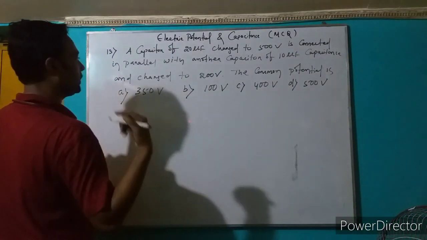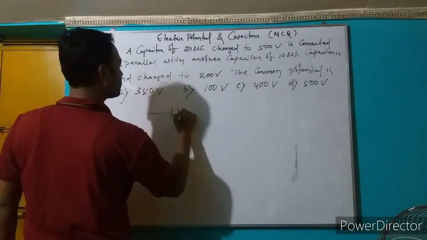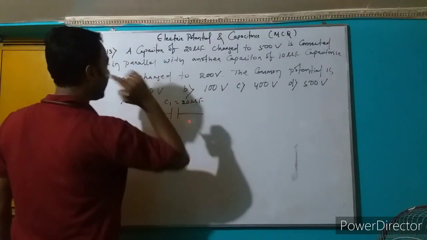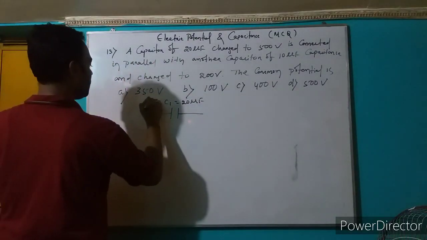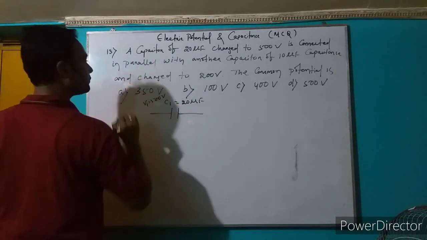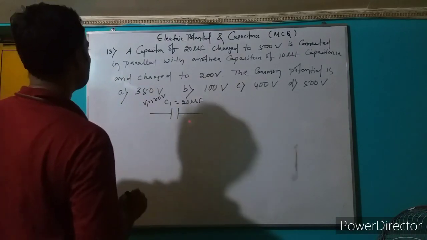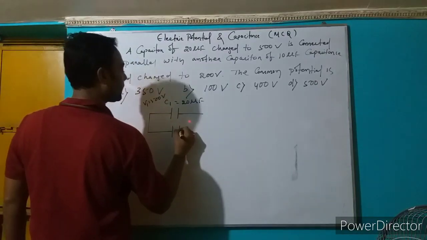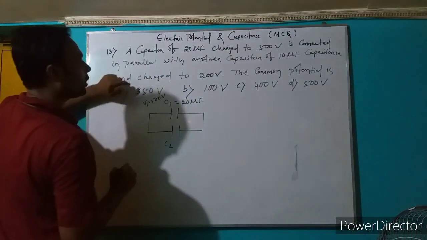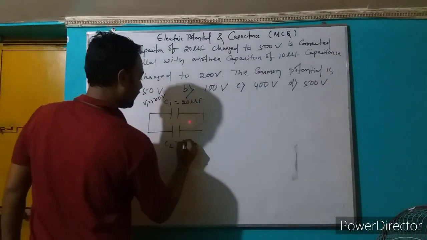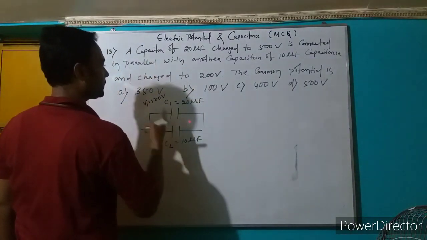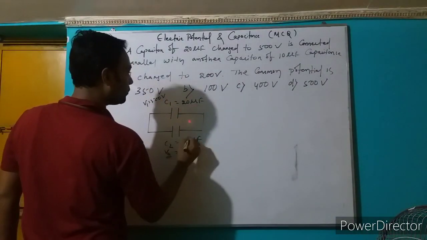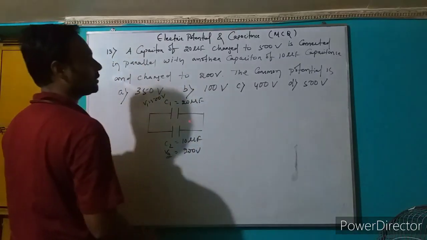Suppose this is capacitor number 1, whose capacitance C1 equals 2 microfarad and charge is V1 equal to 500 volts, connected in parallel to capacitor number 2, C2, whose capacitance is 10 microfarad and charged to 200 volts. So V2 equals 200 volts.